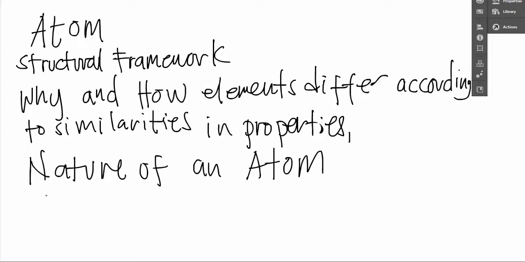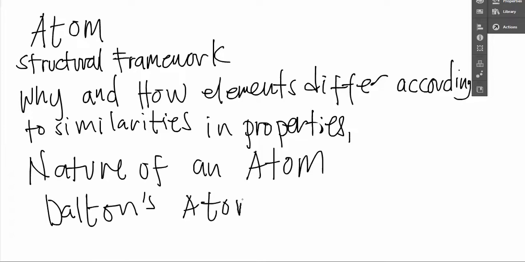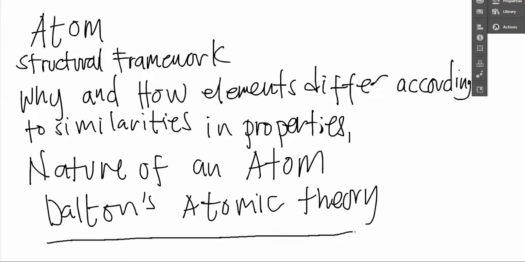John Dalton's atomic theory explained the indivisibility of atom, wherein when the matter reached its limitation, you keep dividing it until the point where you cannot divide it. Two philosophers, Democritus and Leucippus, called it atom.